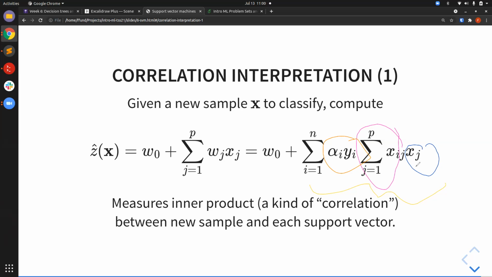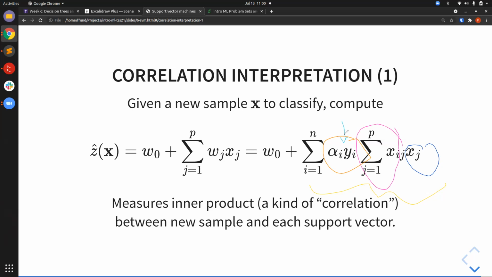The dot product is like a kind of correlation. The dot product is greater if these two samples are similar. So you can think of this as a correlation interpretation, where for each new sample your prediction is going to be a weighted average of the labels. Remember, y is a label, alpha is a weight.